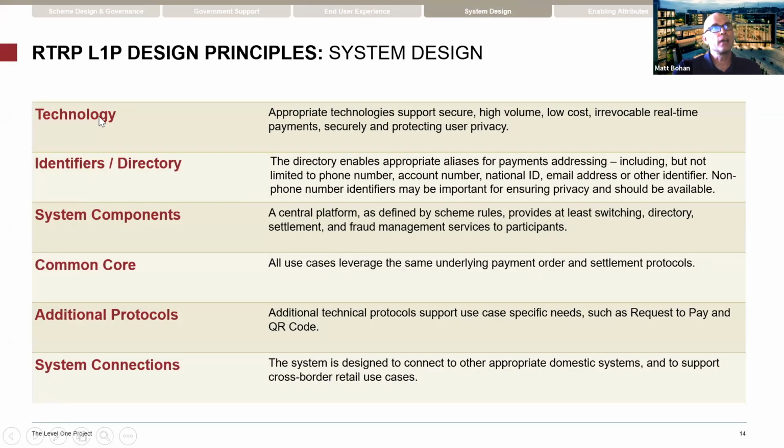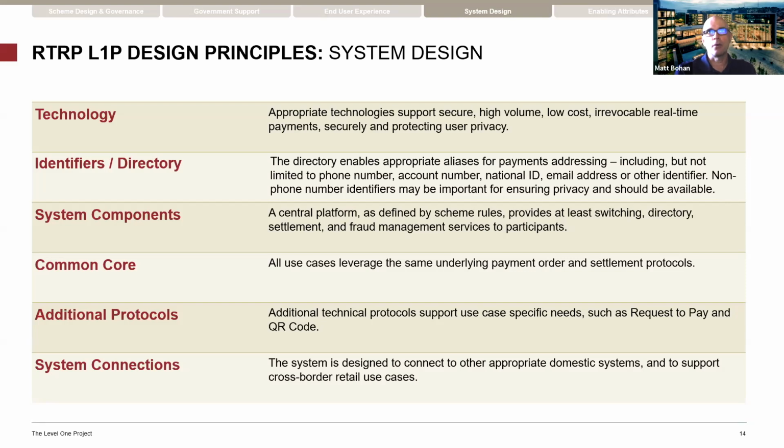The system design, so obviously the appropriate technologies are used to make the system secure and low cost. Identifiers, and the directory of those identifiers, should include but not be limited to phone number.